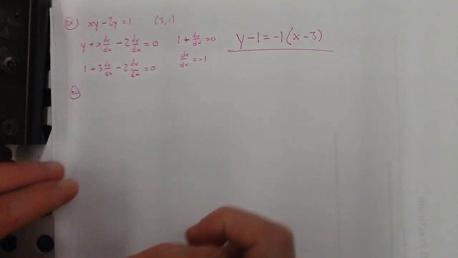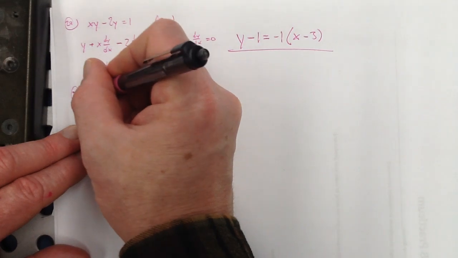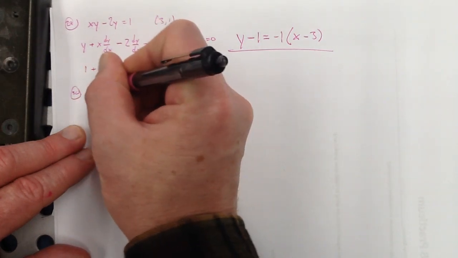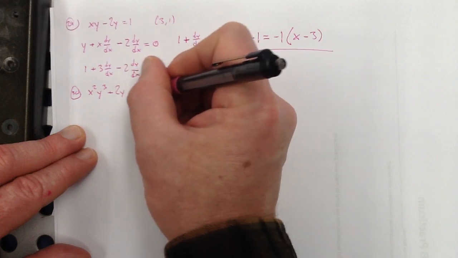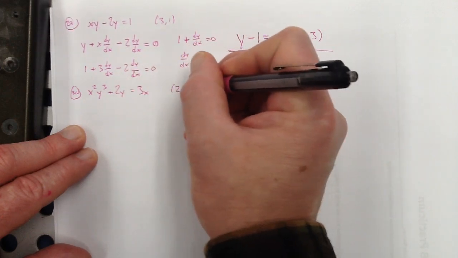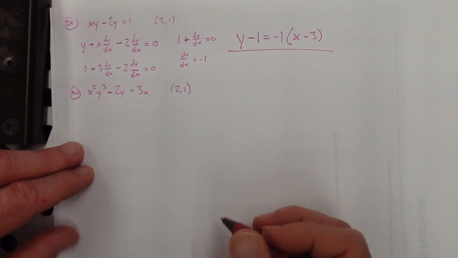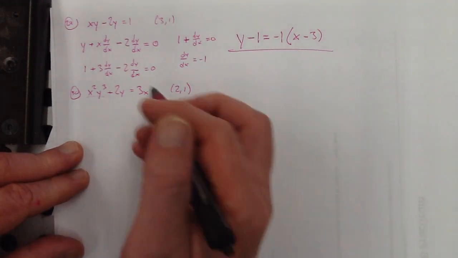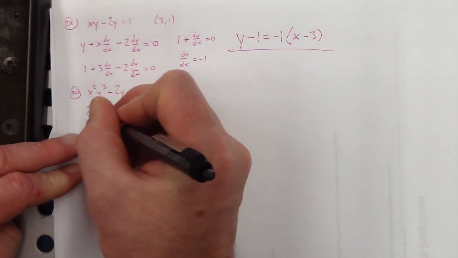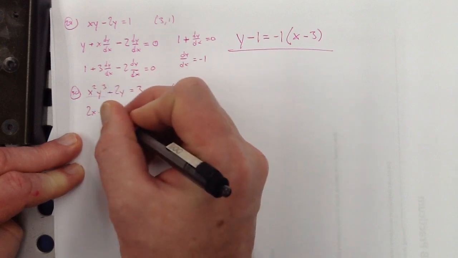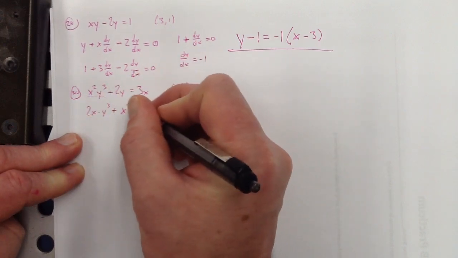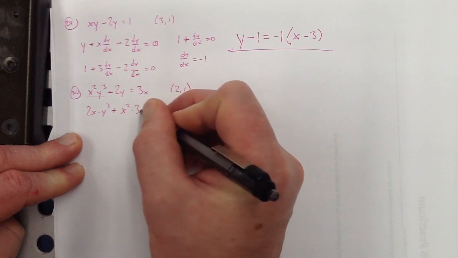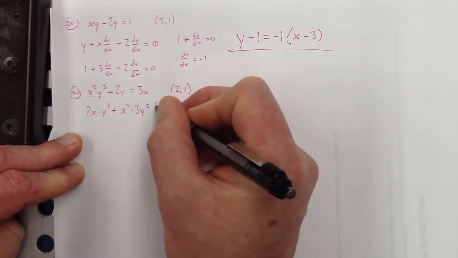All right, number 30. x squared times y cubed plus 2y equals 3x at the point 2, 1. Product rule: derivative of the first times the second plus the first times the derivative of the second.